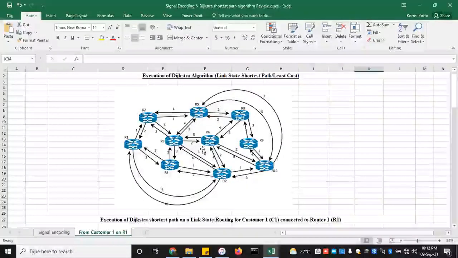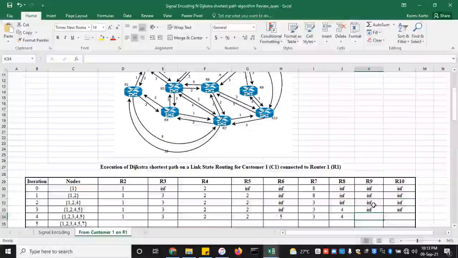I think we'll start considering 9 and 10 after we include 7 and then 8. That's when we start getting closer to these other two here. So we still have infinite for these guys. And 10 will still be infinite.